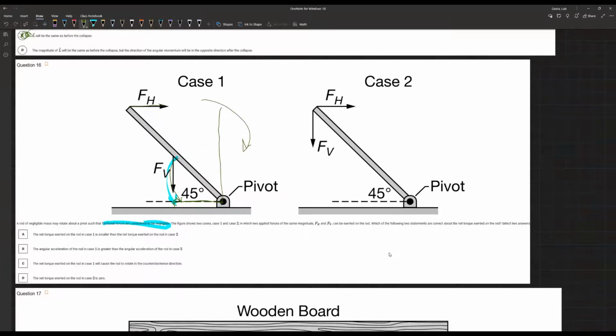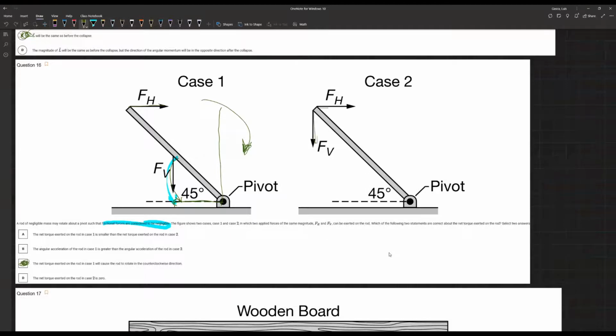Even though they're the same magnitude, these two forces are going to have different leverages due to their distances from the pivot. FV is much closer, so it does not create as much torque. The net torque exerted on the rod in case 1 will cause the rod to rotate in the counterclockwise direction. That is correct. The angular acceleration of the rod in case 1 is greater than the angular acceleration of the rod in case 2. Yes.